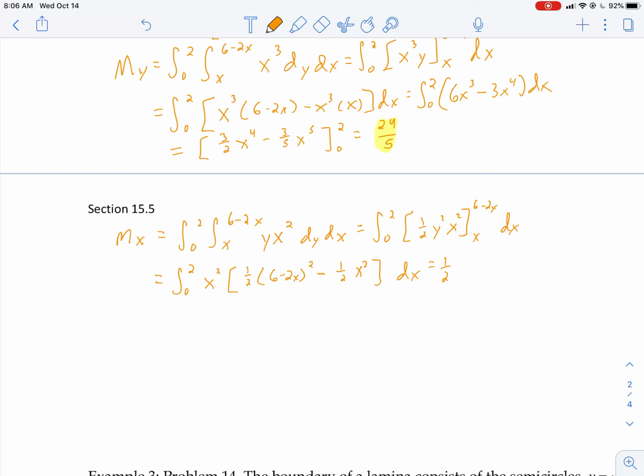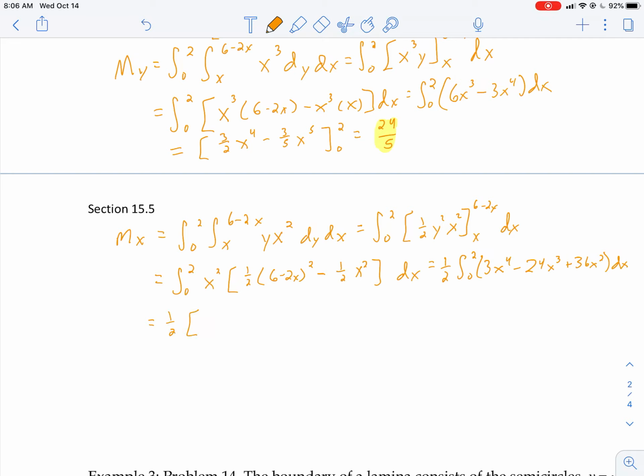With the x squared out in front, we get 3x to the fourth minus 24x to the third power, and 36x squared, all of that dx.